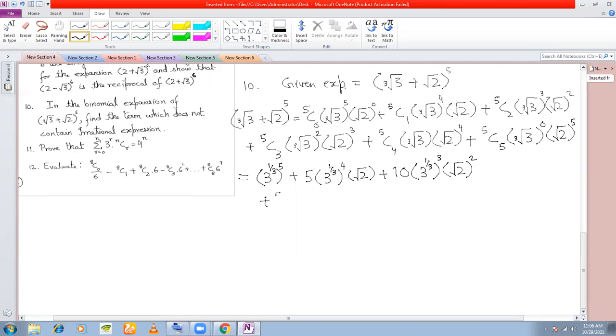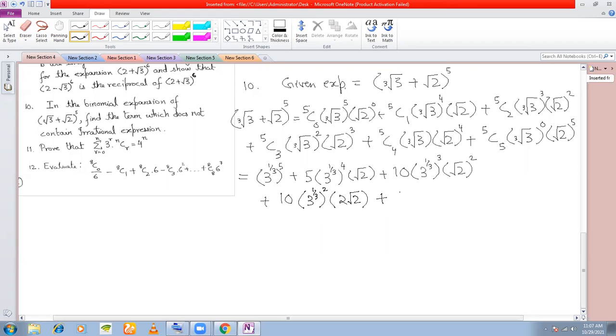Plus 5c3. 5c3 is the same as 5c2, which is 10. Okay, into 3 to the power of 1/3 square into root 2 cube is 2 root 2.